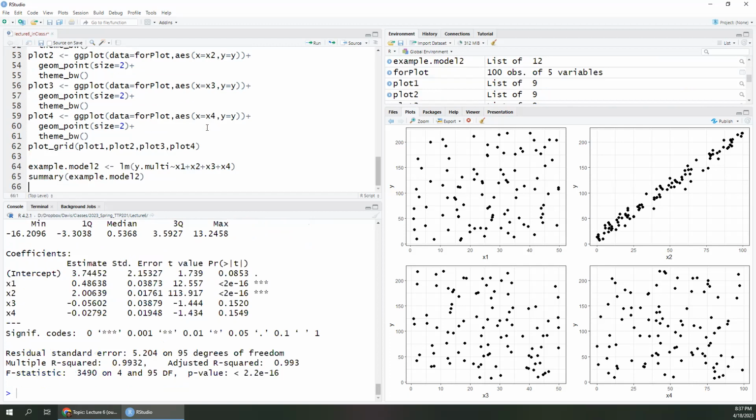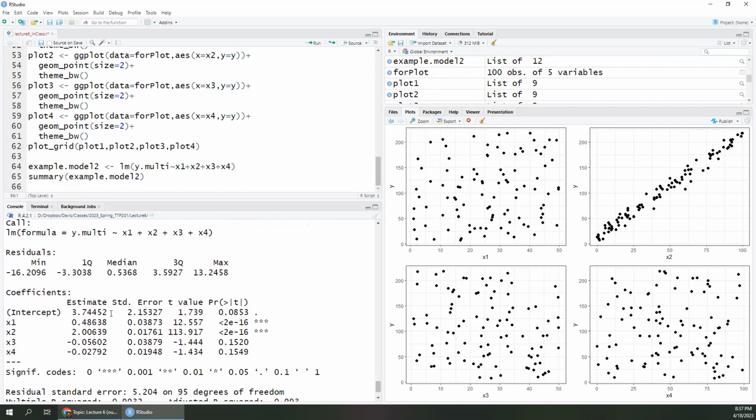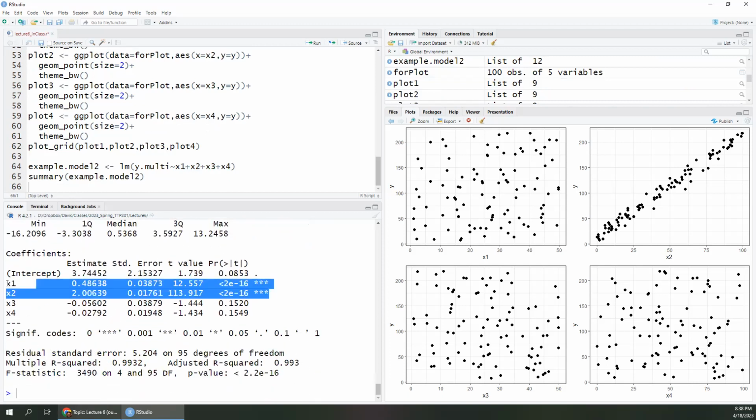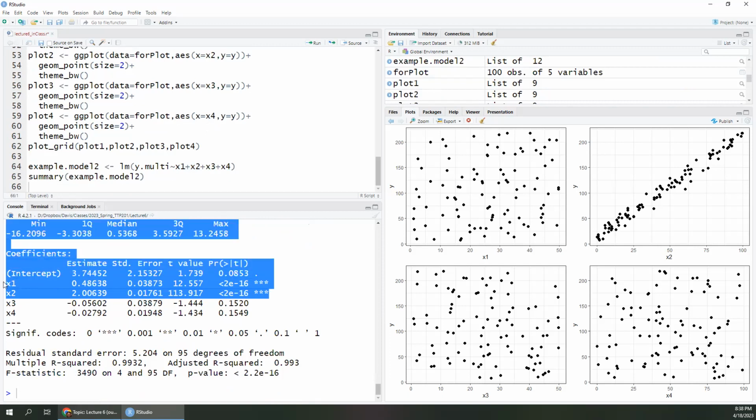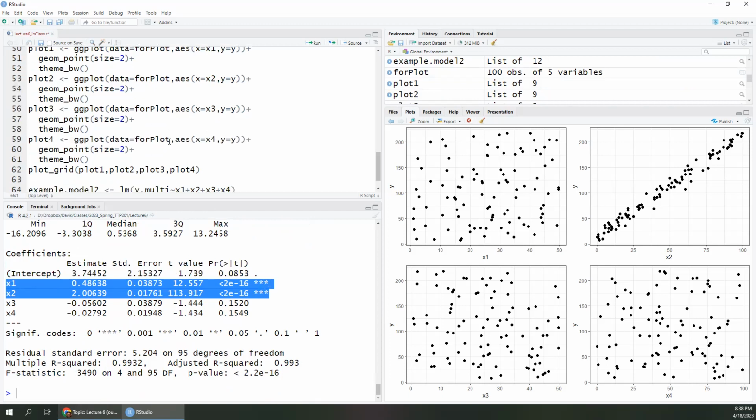And what you will see is that unlike our ability to visually identify the trend between x1 and y, in this case, the regression has no problem identifying it. We can see that they are both statistically significant.